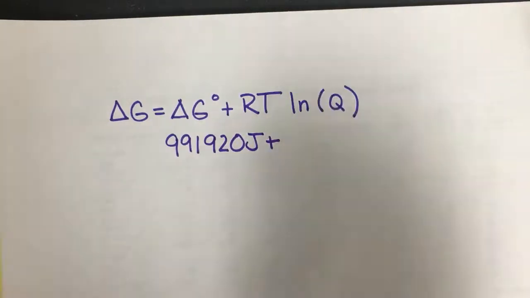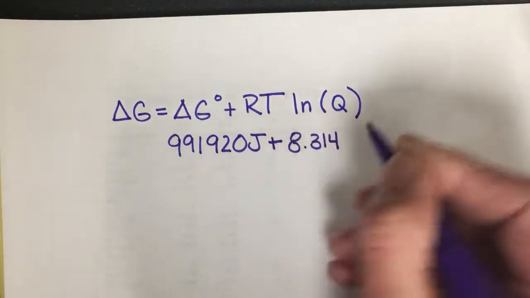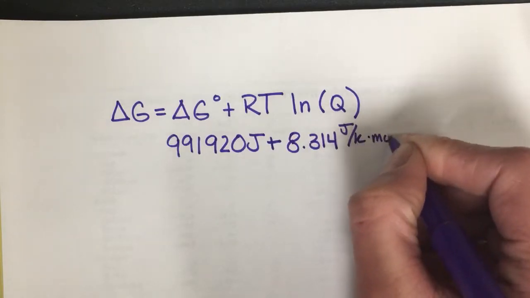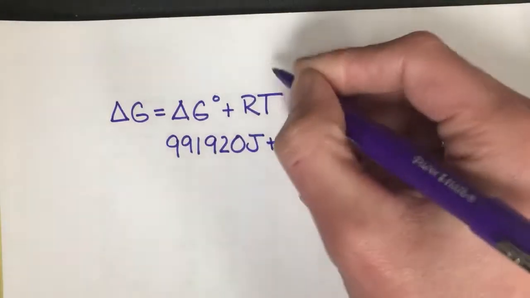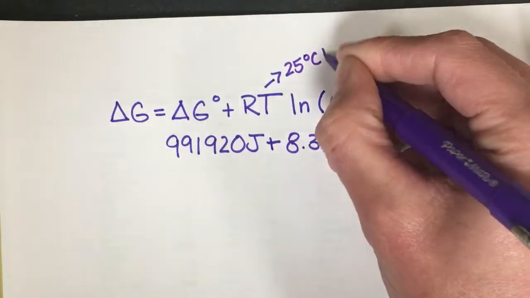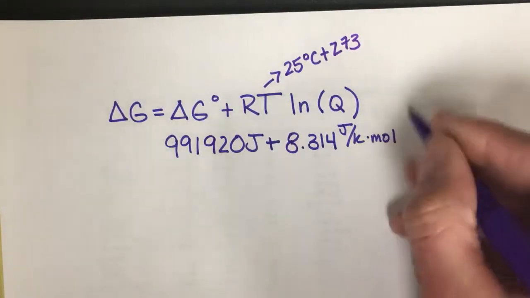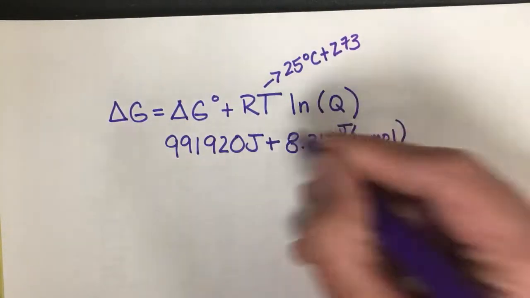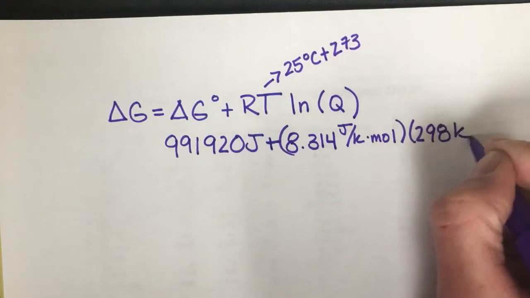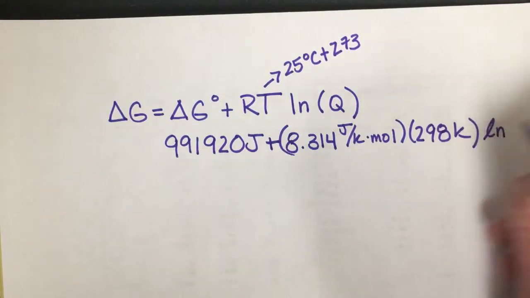R is a constant, 8.314 joules over K dot mole. My temperature was 25 degrees Celsius plus 273. I get 298. Then I'm going to take the natural log.